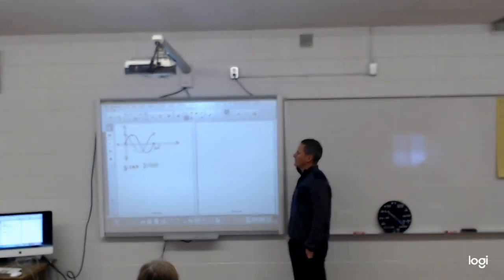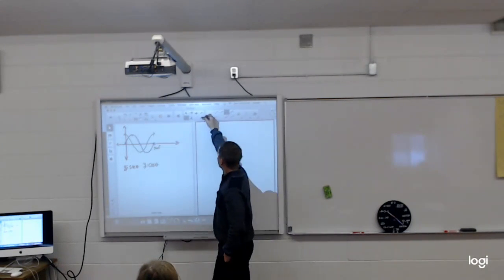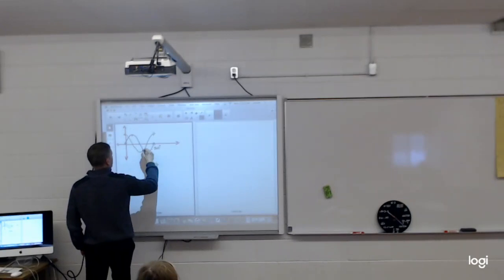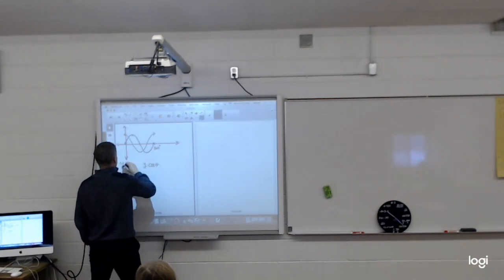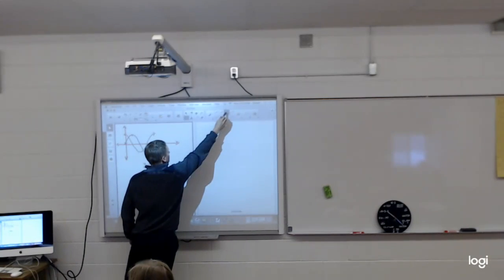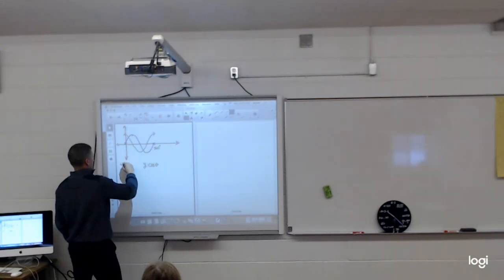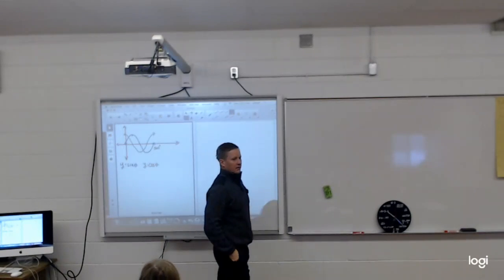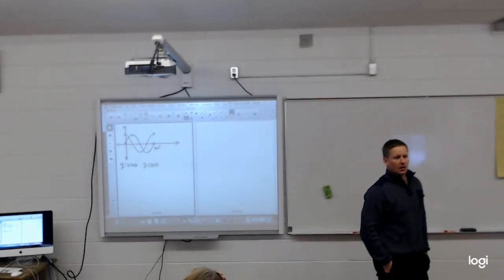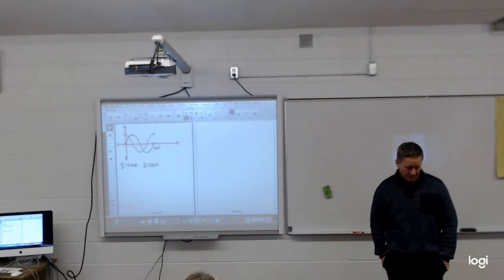What's the y-intercept for sine theta? Is it 1? No, for sine it's 0. That's correct. So 0. The y-intercept for the cos of theta is 1.